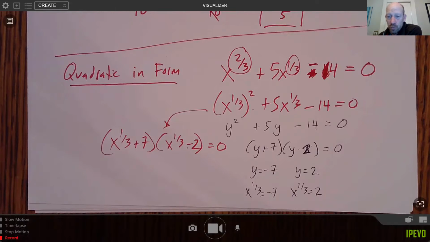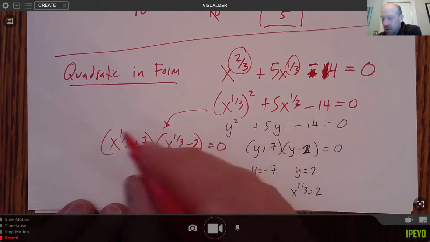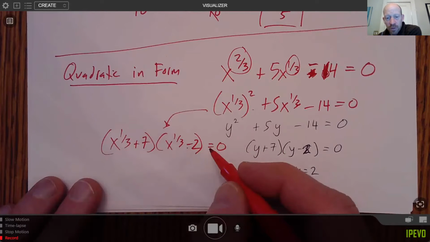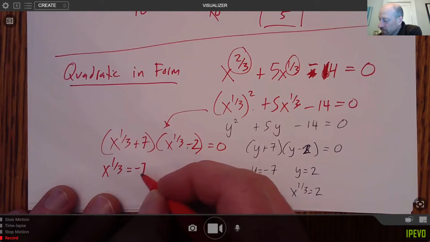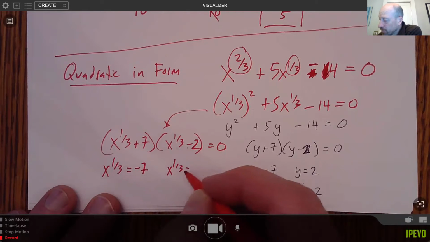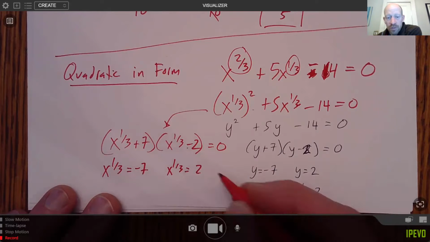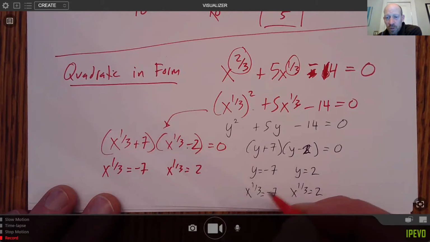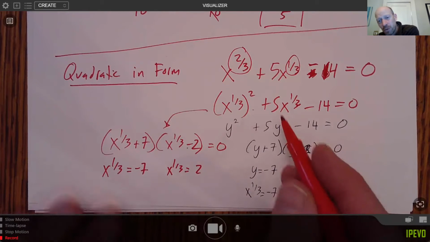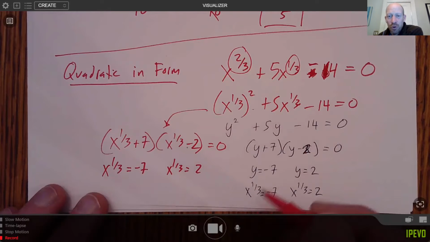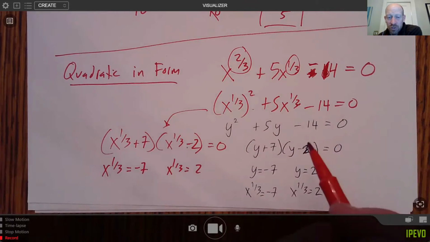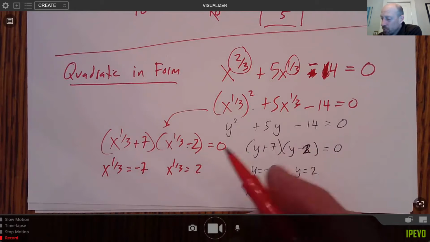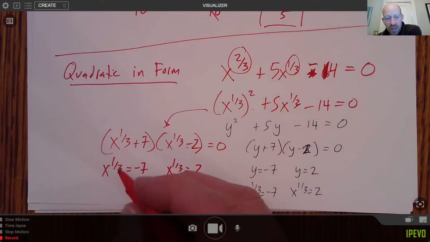And notice we're getting the same result here from this factored form. This product is 0. So x to the 1/3 has to equal minus 7, or x to the 1/3 has to equal 2. Right? Same result, whether we replace it with y and then go back to x's, or whether we keep track of it with x's all the way through. It's really your choice, what you feel comfortable with. We do have to do a little solving here. This is really a cube root of x.